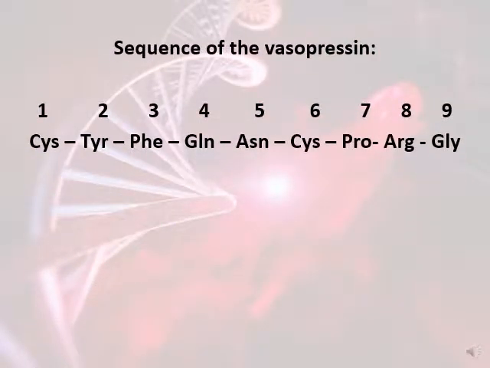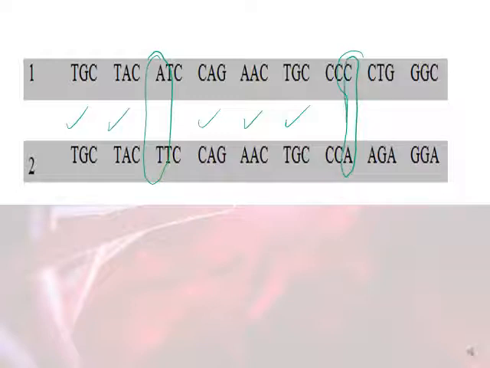Let's move to the question. So the amino acid sequence, it's here, according also to the genetic code. So here are the two sequences. We determine the differences between them. So here TGC, TGC the same, TAC, TAC. Here the first difference, A and T. CAG, CAG, AGC, AGC, TGC, TGC. Here we have A is replaced by C. CTG, all of it is different, CTG here, we have AGA.